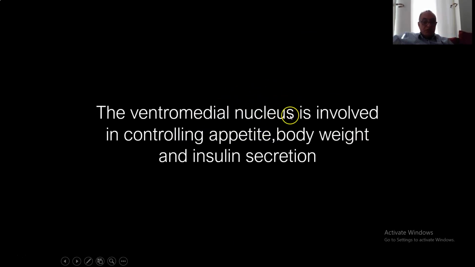The ventromedial nucleus controls the appetite, the body weight, and insulin secretion, and also we all know in craniopharyngiomas, whether without surgery or after surgery, I can get hyperphagia and they become very strong eaters and they gain so much weight if there is damage to the ventromedial nucleus.